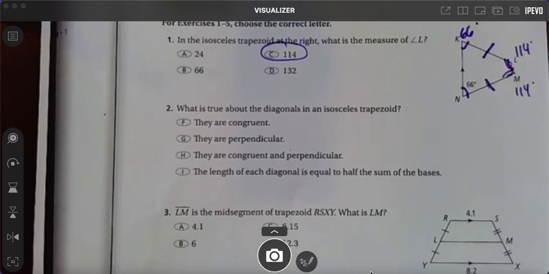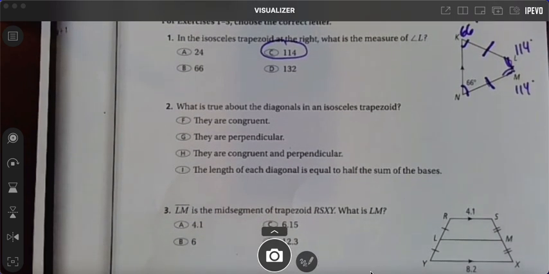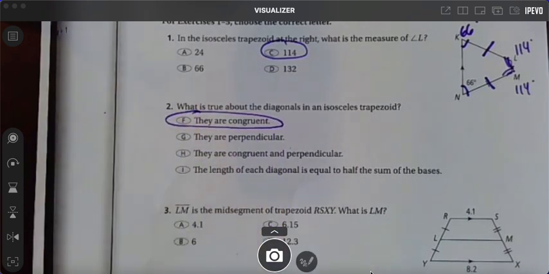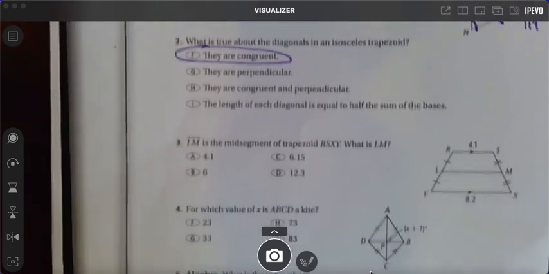Then on number 2, it says, what's true about the diagonals of an isosceles trapezoid? What do we remember about an isosceles trapezoid's diagonals? They are congruent. So that's this letter F. Then the mid segment.